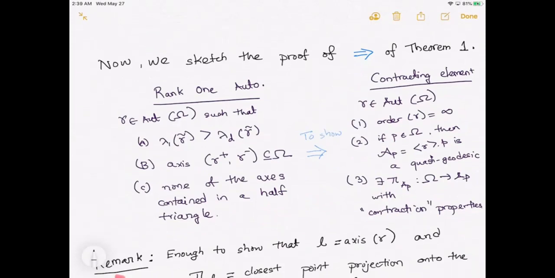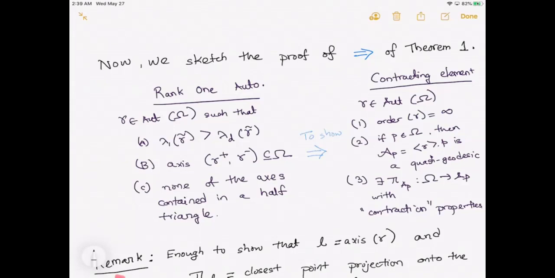That is, lambda 1 is bigger than lambda d, where lambda 1 and lambda d are the maximum and minimum modulus of the eigenvalues of gamma tilde, where gamma tilde is a lift of gamma. The second condition is that Omega contains an axis of gamma. The third condition is that none of these axes of gamma are contained in a half triangle.